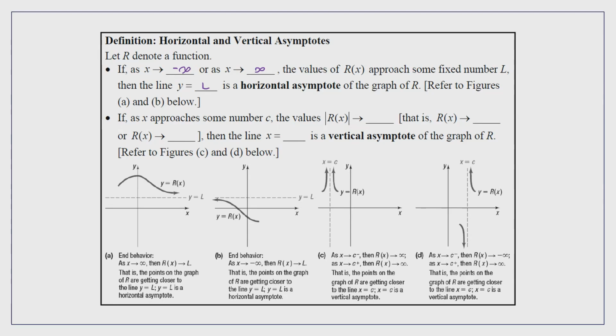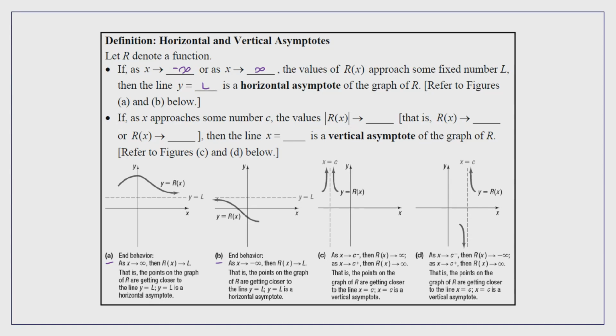We're going to refer to the images here in A and B, both representing a graph that has horizontal asymptotes where y equals L.